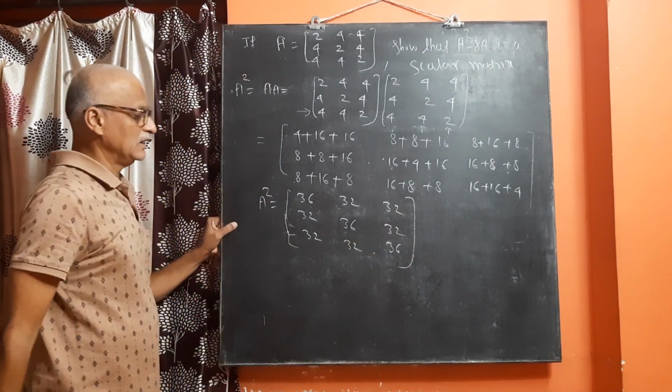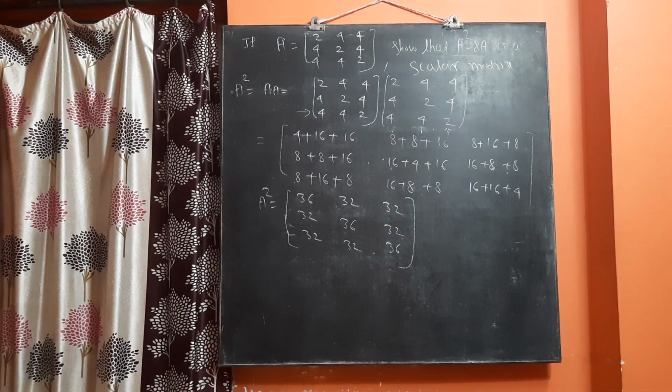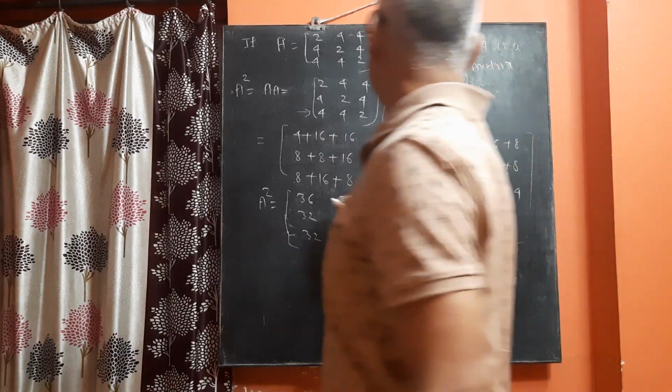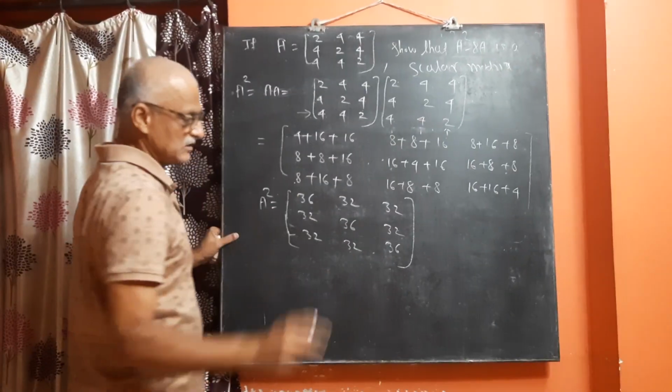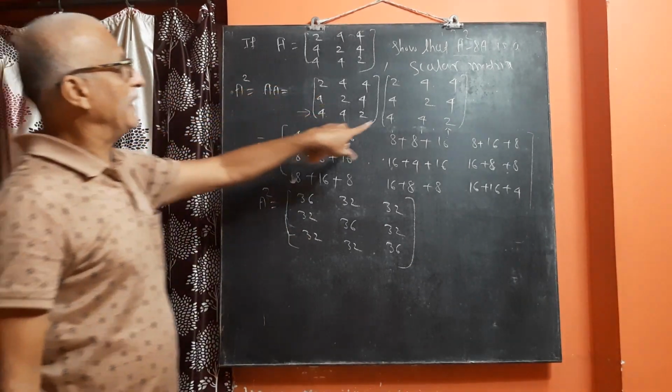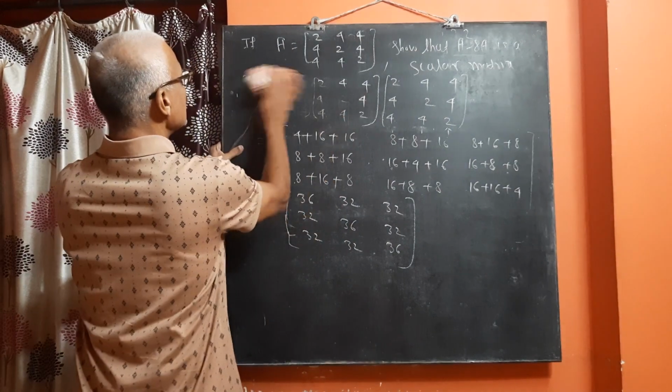So the value of A square is the matrix 36, 32, 32, 32, 36, 32, 32, 32, 36. Then we have to find A square minus 8A.